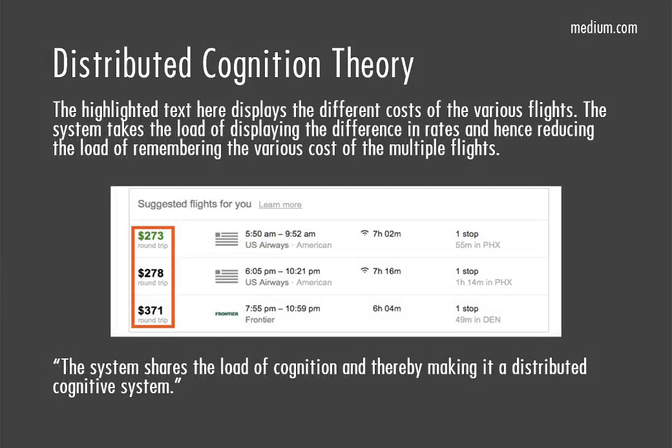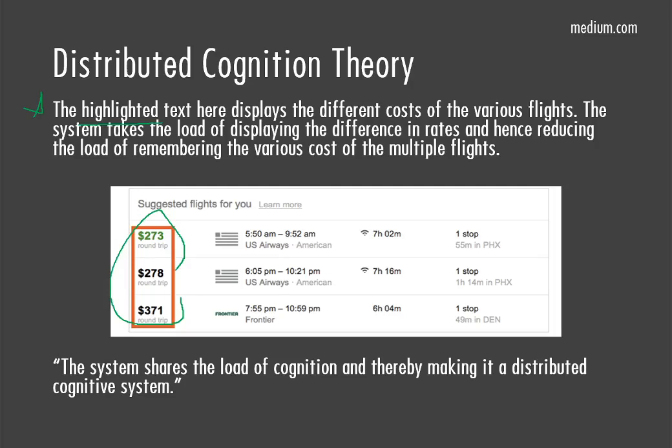Let's see an example here. Highlighted text here displays the different costs of the various flights.